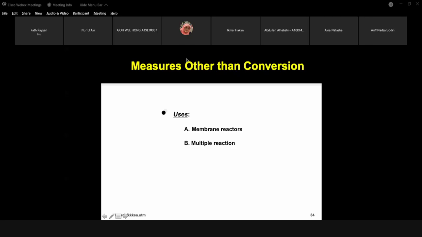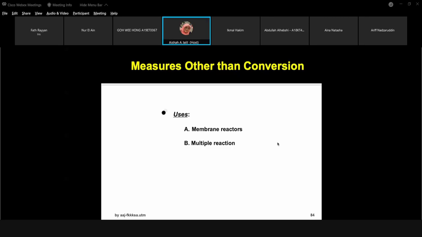Yeah, let's continue. Sorry. Okay, a little more on measures other than conversion. Before this, you studied the concentration or the rate law in terms of X. But I don't know whether for this semester Dr. Hajar will ask you for Polymath or not.